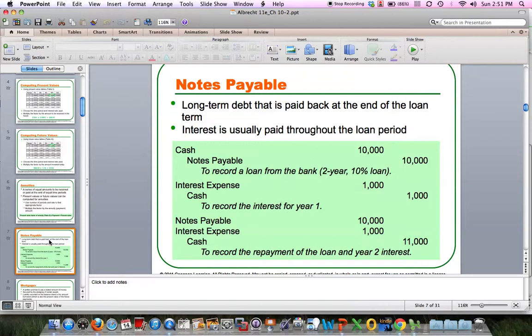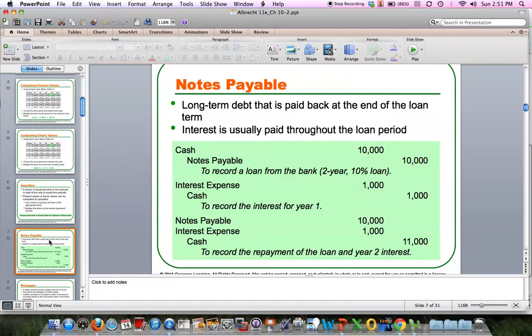After 1 year, we can easily record 1 year's worth of interest, and you can see they came up with $1,000. That's simply taking 10% times 10,000 times 1 for 1 year, which gives me $1,000. So the interest expense after 1 year is $1,000.